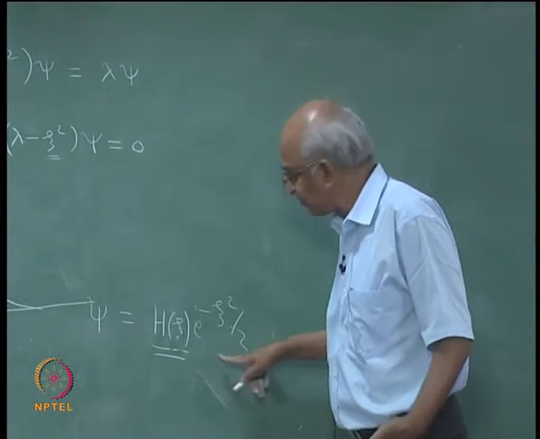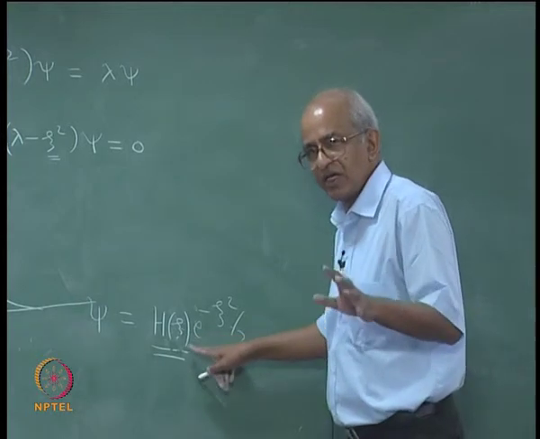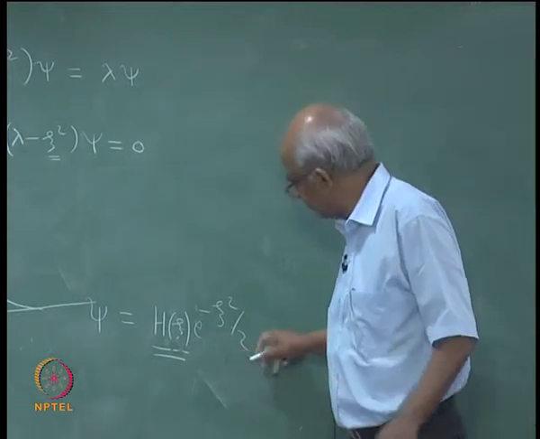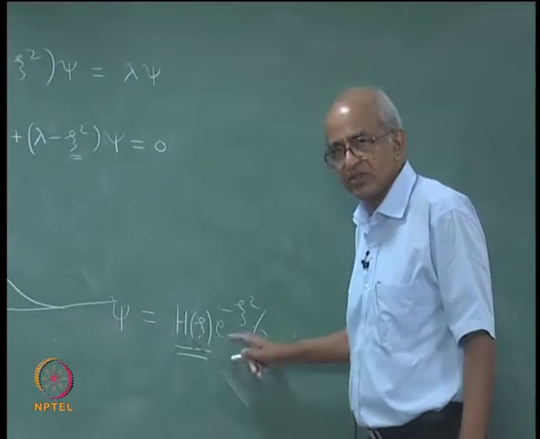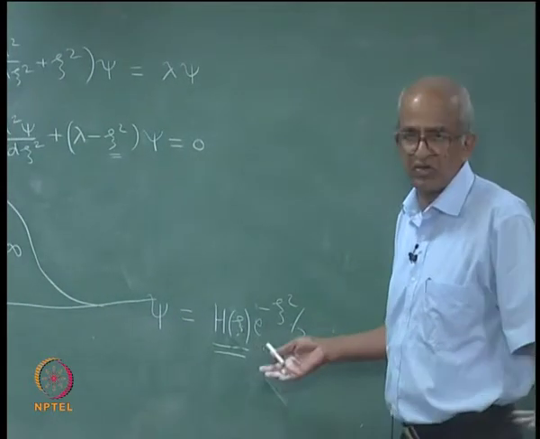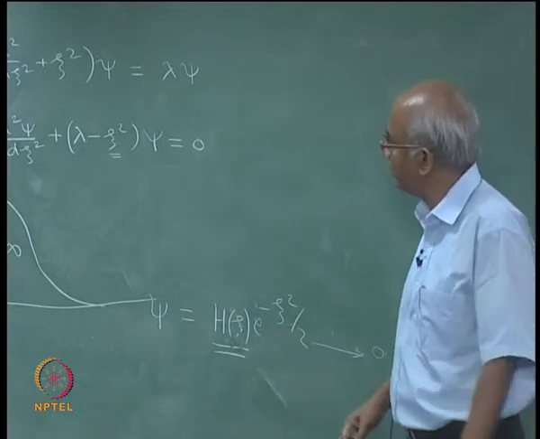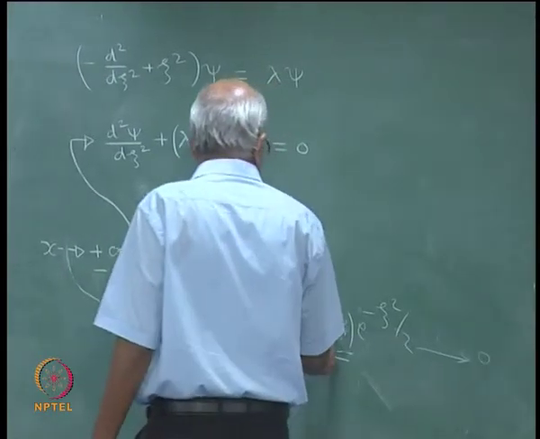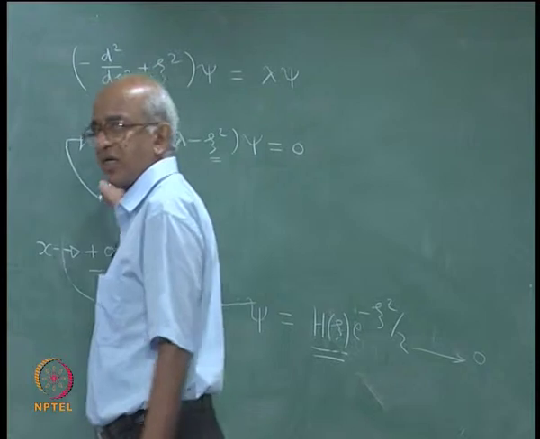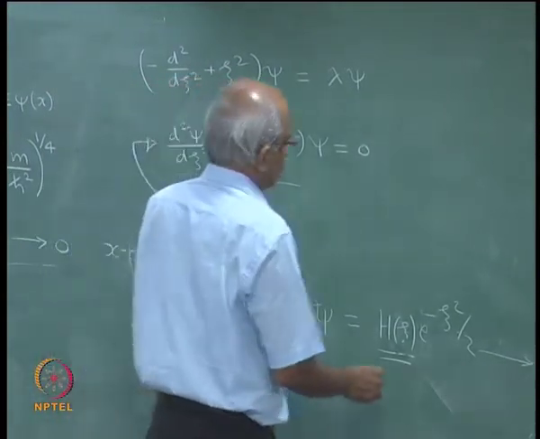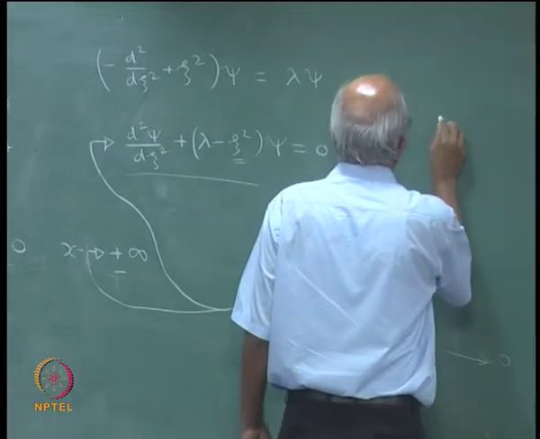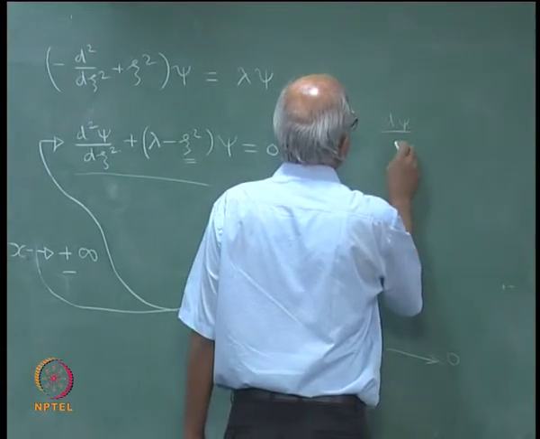Any solution that I find for H has to satisfy the condition that this will approach 0 as c approaches infinity, otherwise I am not going to have an acceptable wave function. So, let me now take this and put it in here and see what happens to this differential equation. To do that, let me first evaluate d psi by dc.